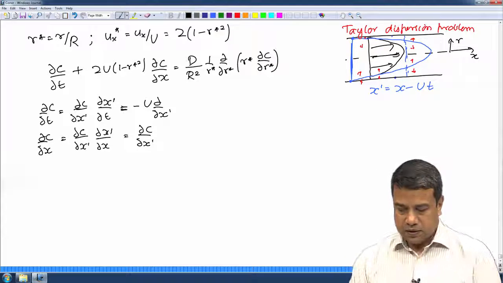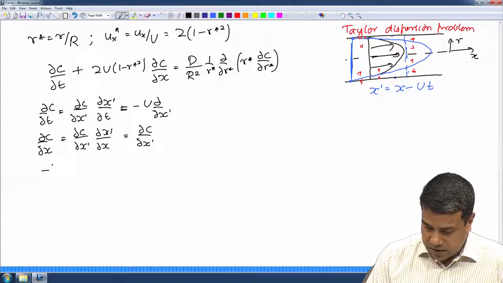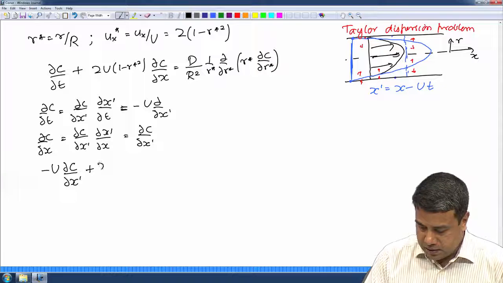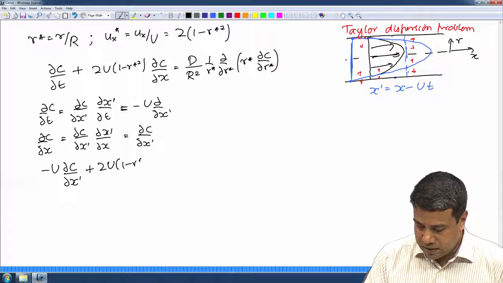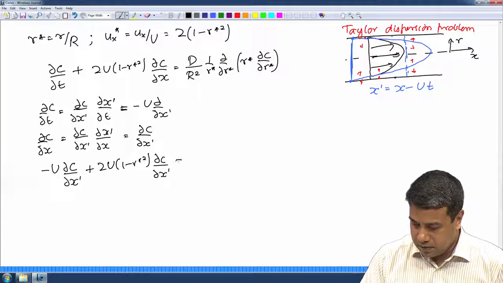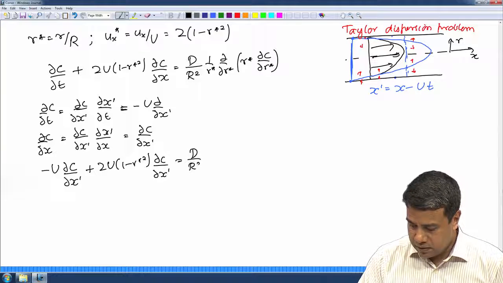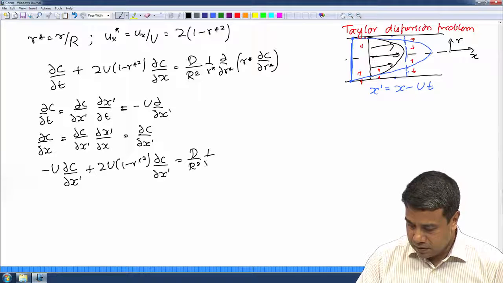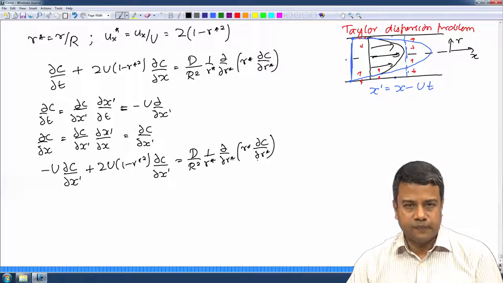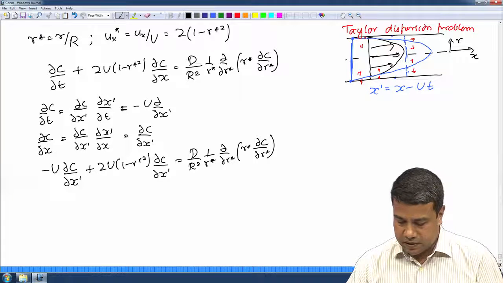So, the equation now becomes minus u partial c by partial x prime plus 2u into 1 minus r star square. That is the conservation equation.